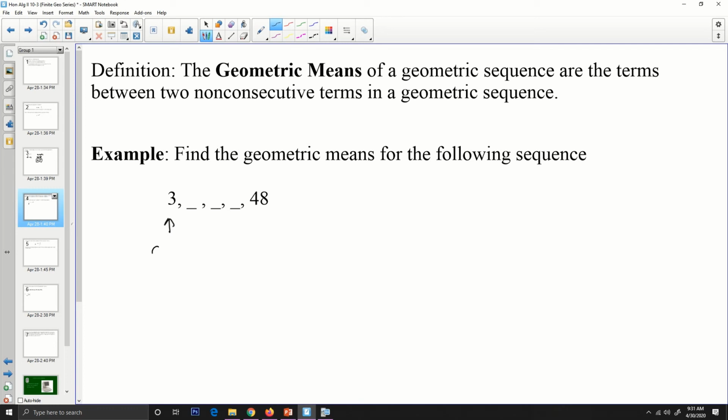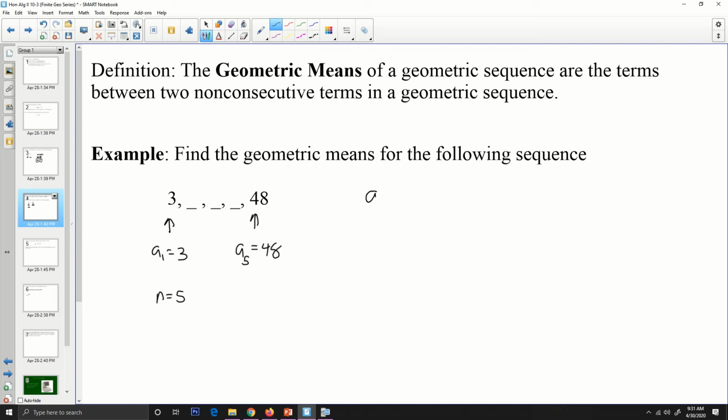We know that a sub 1 is equal to 3. We know that there are 1, 2, 3, 4, 5 terms. So n in this particular instance is going to equal 5. And we know this value, a sub 5, which will be our nth term, is going to equal 48.